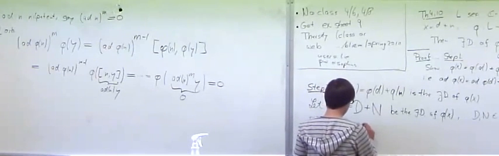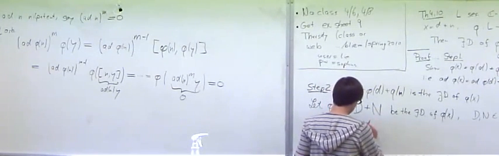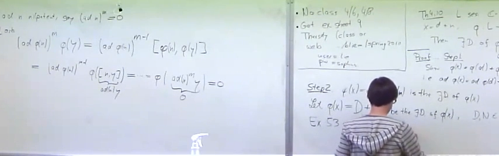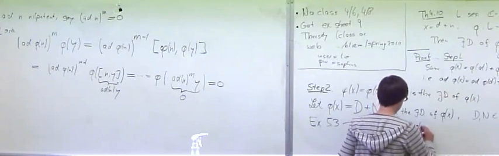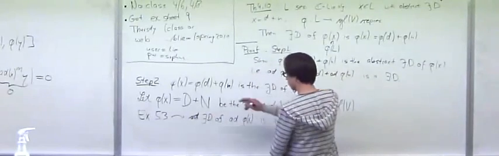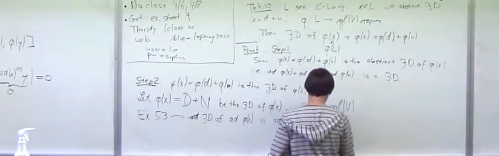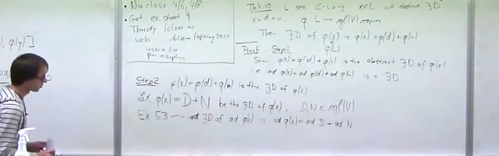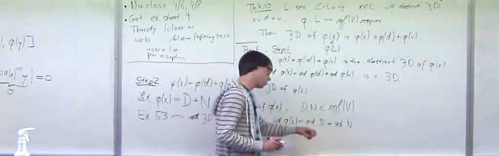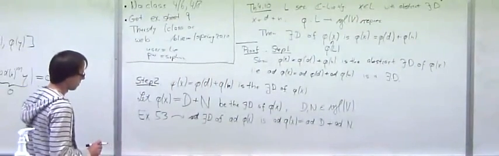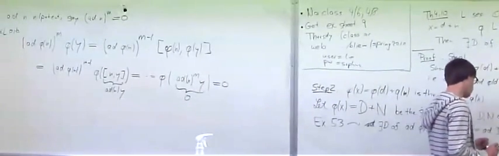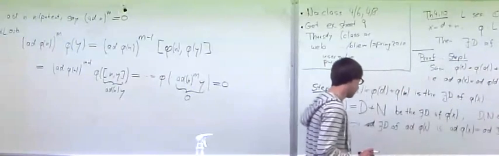So in our case, the Jordan decomposition of ad φ(x) is ad D plus ad N. So the adjoint operator of D is the diagonalizable part, and the adjoint operator of N is the nilpotent part.